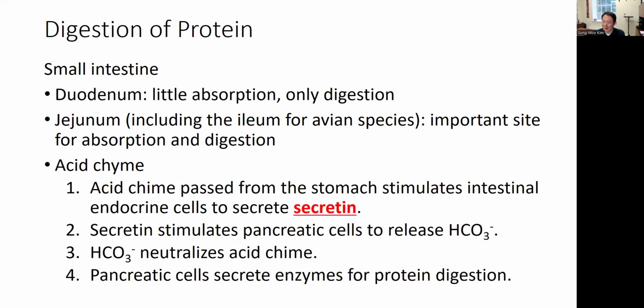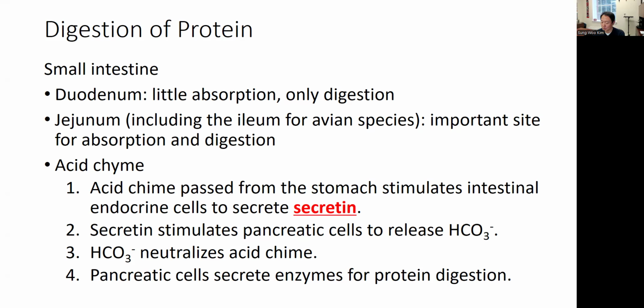But in the case of avian species, I already mentioned that we define the ileum for avian as from the Meckel's diverticulum to the ceca. So the ileum is a lot longer in avians compared to mammals. So in avians, both jejunum and ileum are important sites for nutrient digestion and absorption.